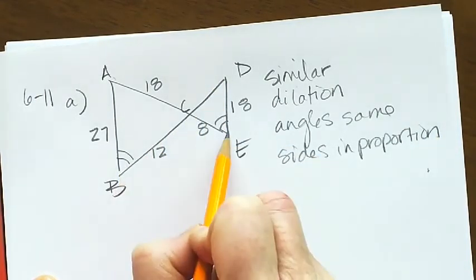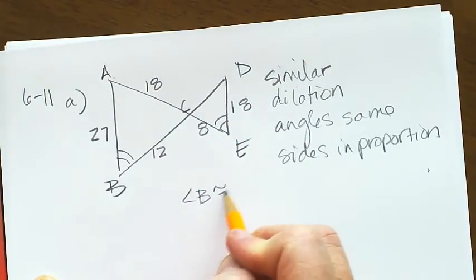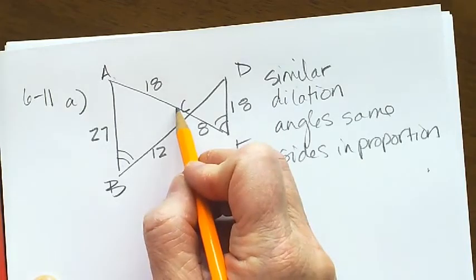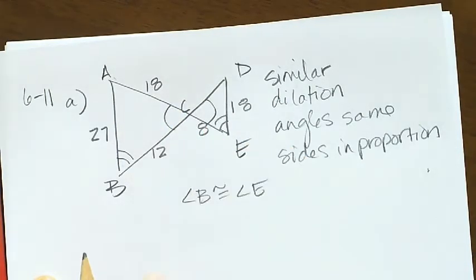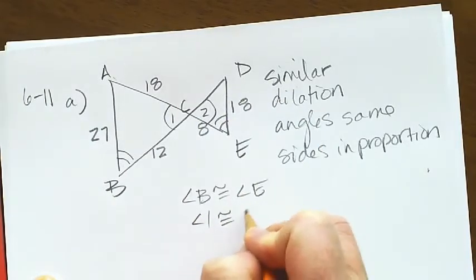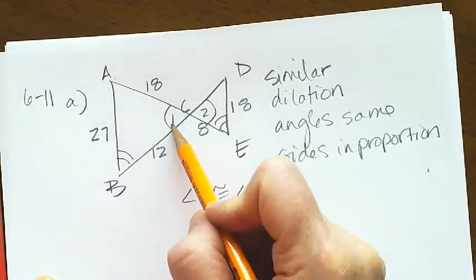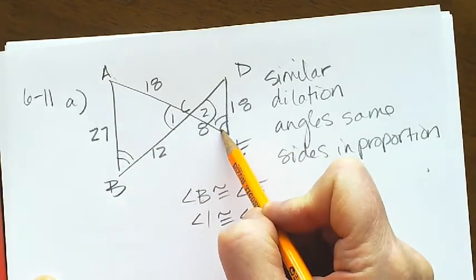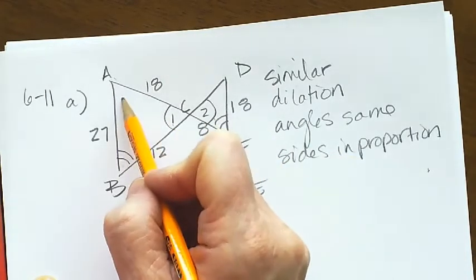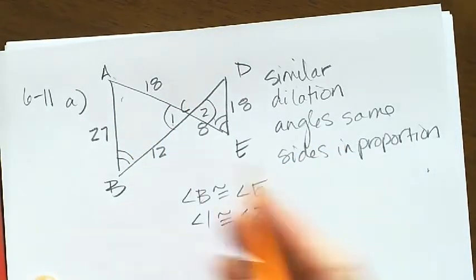We've got angle B is equal to angle E. We've got these two angles are vertical angles. Do you remember those? Let's just put a 1 and a 2 and say angle 1 is congruent to angle 2. So guess what? If you've got 2 angles in one triangle equal to 2 angles in another triangle, you know that that third angle is going to be equal to that third angle, and that's really all you need.